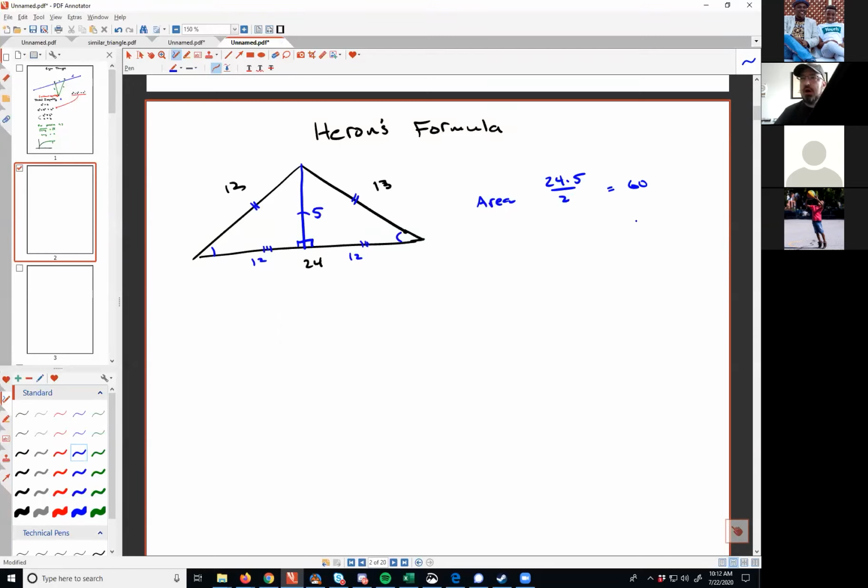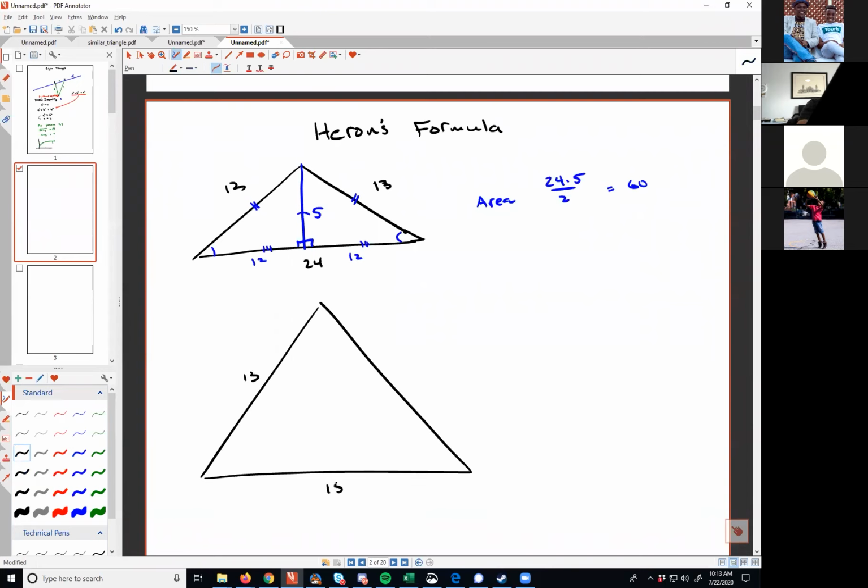Okay. So with special triangles, equilateral or isosceles, we can find the area pretty easily. There are some triangles, on the other hand, where it's not so easy. And here's an example. We have a triangle with sides of length 13, 14, and 15.